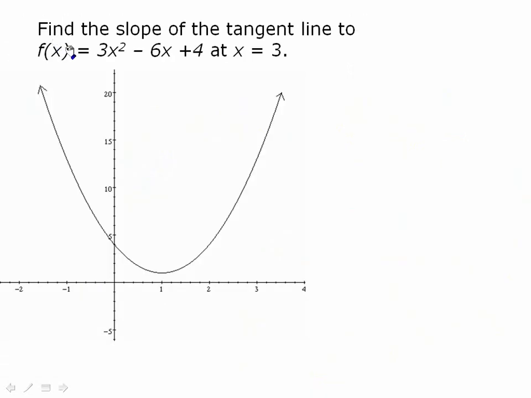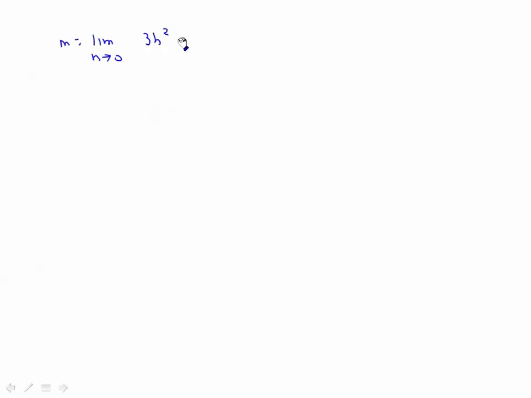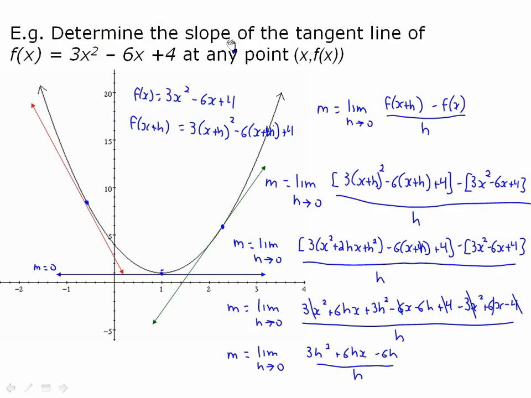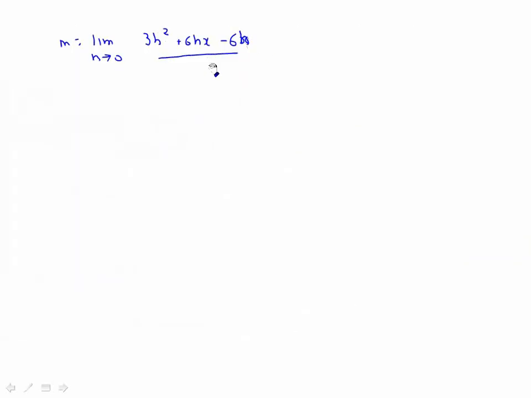So this now, excuse me, so m is equal to the limit as h approaches 0, and we have, I believe, 3h squared plus 6hx minus 6h, sorry about that, all over h.